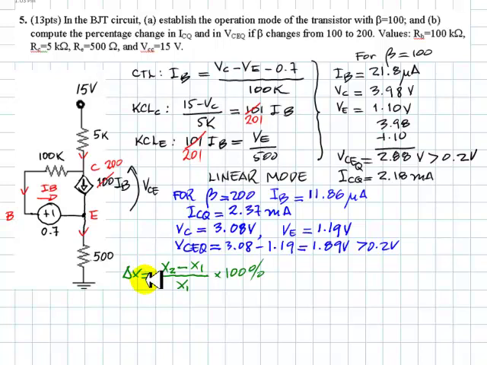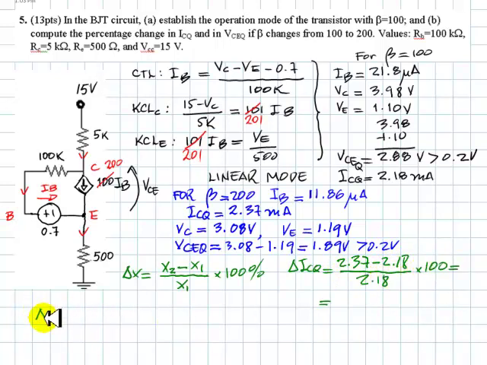Well, we are to apply that to ICQ and to VCEQ separately, so the percentual variation of ICQ is 2.37 minus 2.18, divided by 2.18, multiplied by 100.